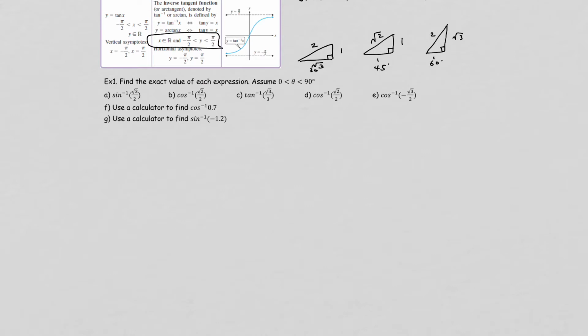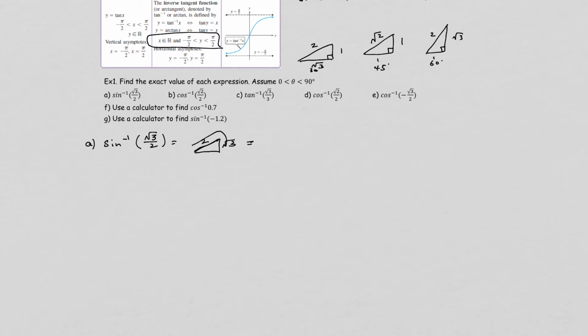If we look at the first one, which is sine inverse of square root of 3 over 2, what we need to do is draw the sine from the triangle. This means you're going to have square root 3 right here, and you're going to have 2 right there, the hypotenuse.